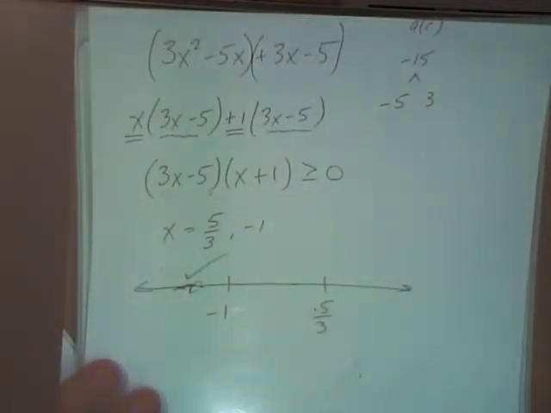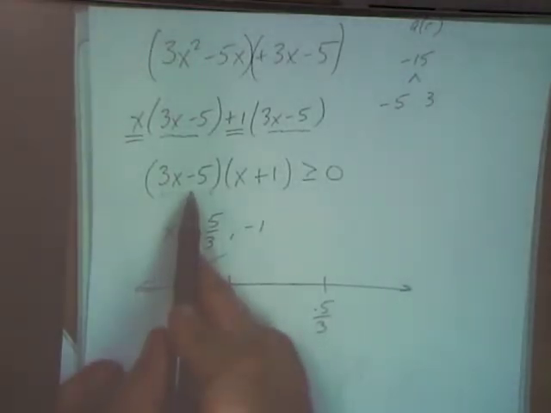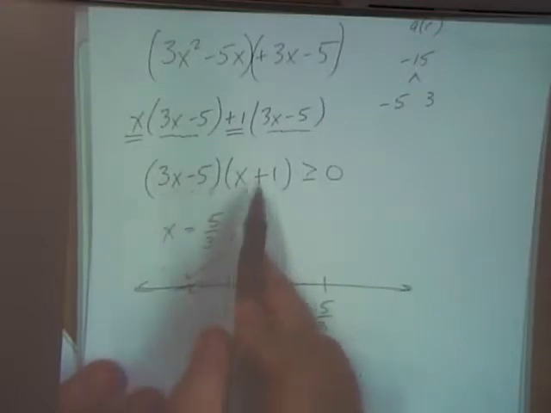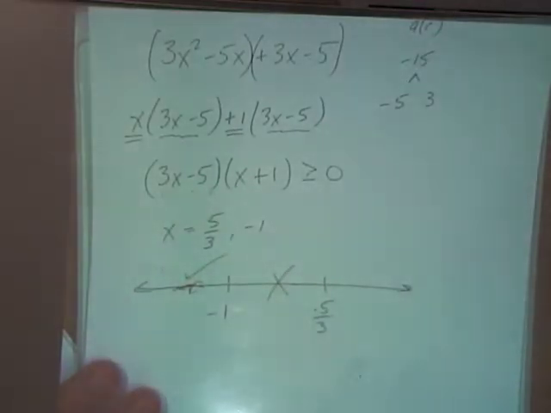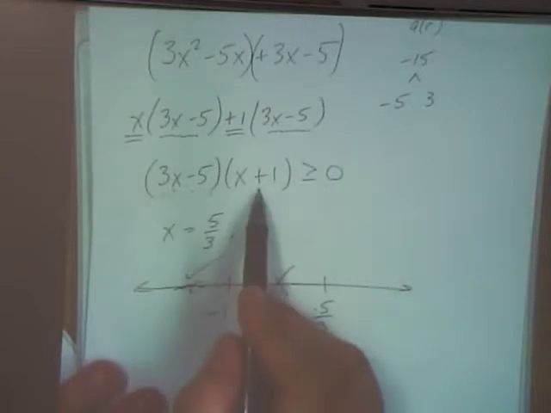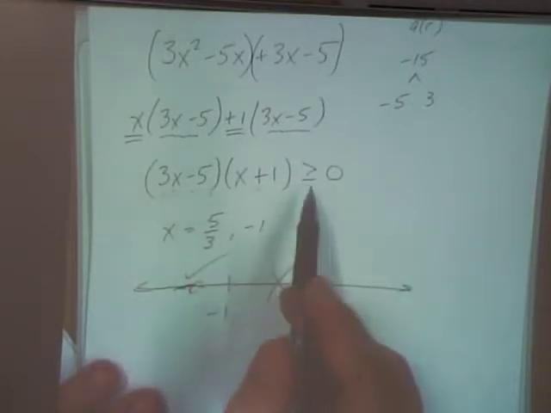What are we going to plug in to check the middle region? 0. What do we get here? Negative, positive, so that's negative, so that one doesn't work. And what are we going to check on the other region? 2, yeah, good idea. So positive, positive, multiply.